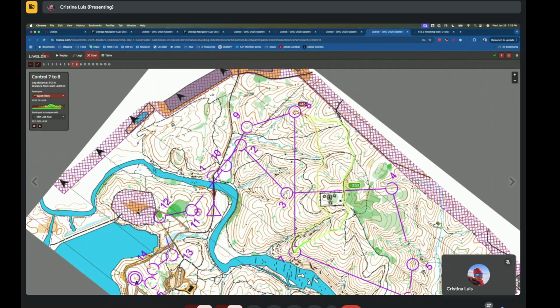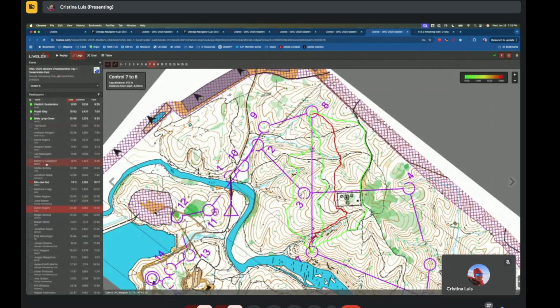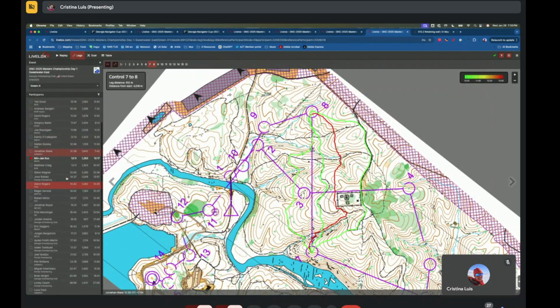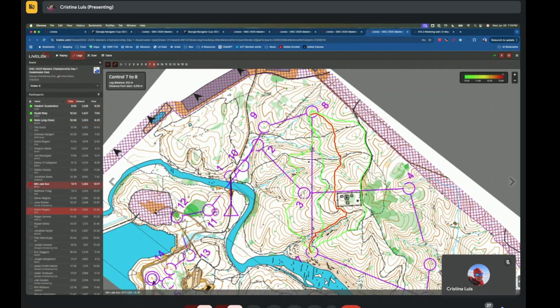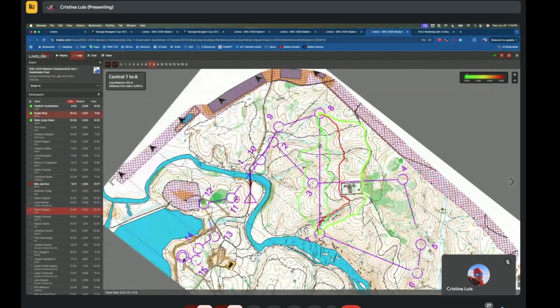Christina, this is Cooper Green. I did the same thing as Wyatt and really liked the route. I didn't have legs, so going up the hill was super slow. But then I really enjoyed turning off my brain and running the trail. And then when I came down the trail, I came to the erosion gully and contoured in.